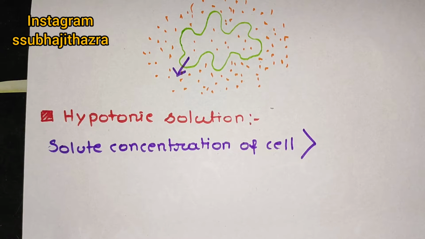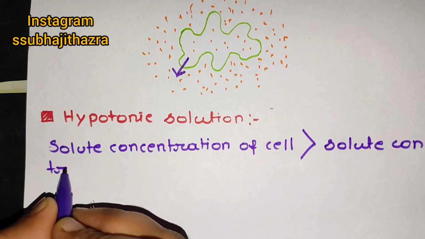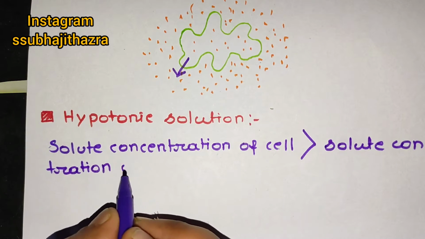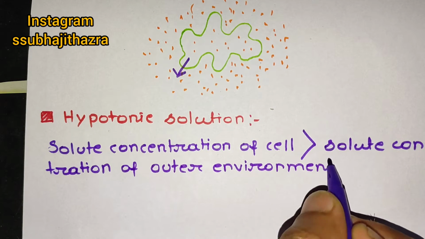So in case of hypotonic solution, the solute concentration of the cell is much greater than the solute concentration of the outer environment.